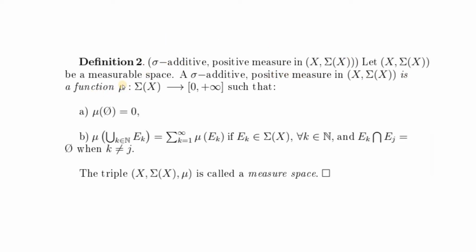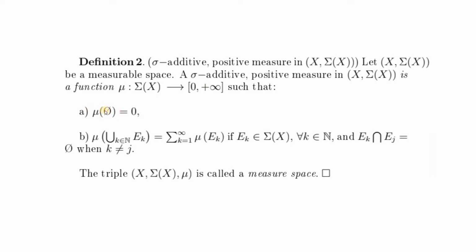a function defined on the collection of subsets, from 0 to plus infinity. This is called the extended real line, where you include a point called plus infinity, which satisfies the following.